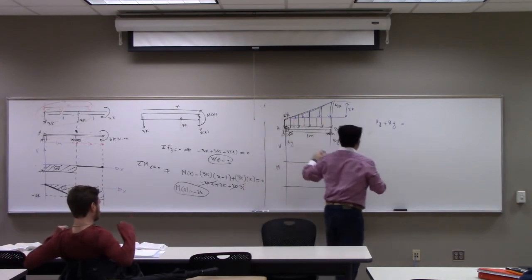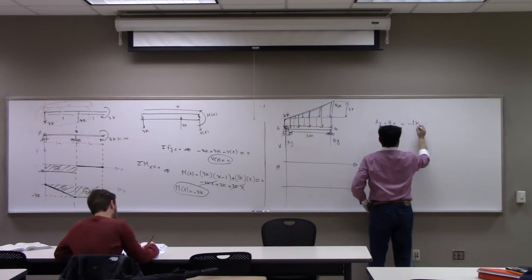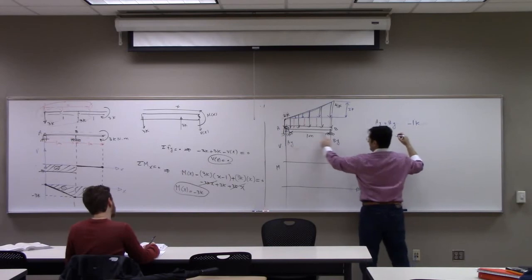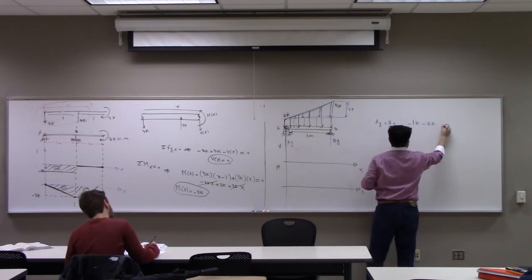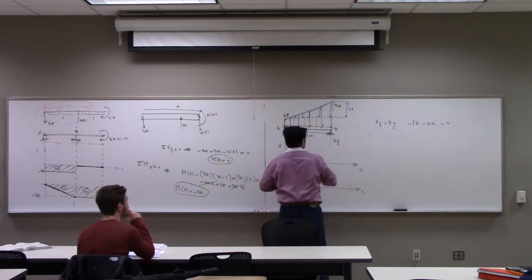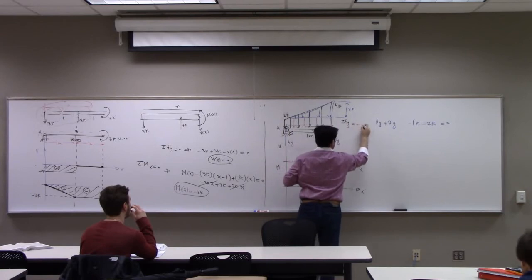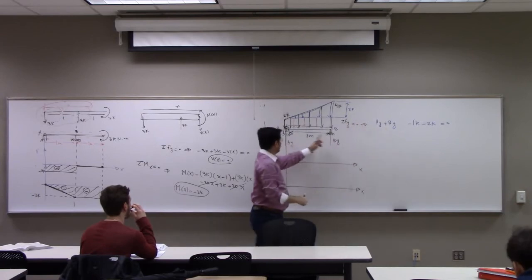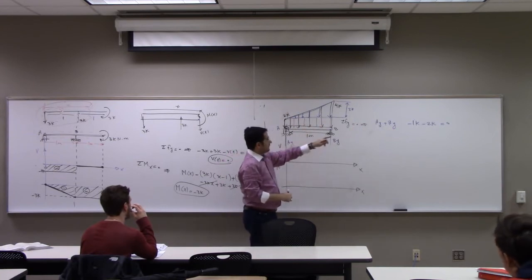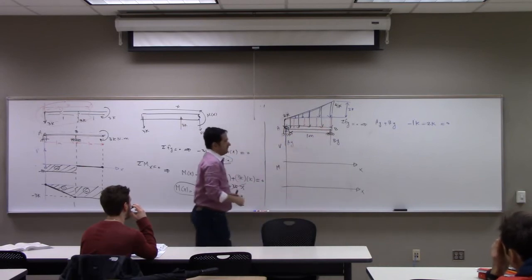So 2k times 1 divided by 2, 1k, which is down. And then the area of the rectangle is equal to 2k times 1. Summation of forces for this system in the y direction is 0. Expand that equation: Dy plus Ay minus 2k times 1 divided by 2, 1k, subtracted by the area under the rectangle, which is 2k times 1, equals 0.